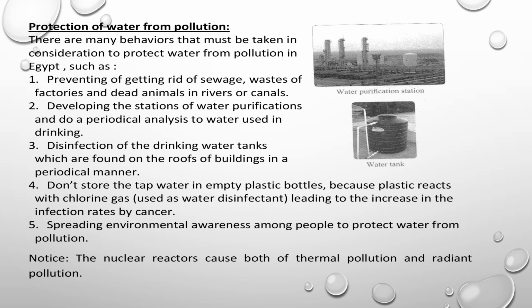Number 4, don't store tap water in empty plastic bottles. Why? Because plastic reacts with chlorine gas that is used as water disinfectant, leading to an increase in the risk of cancer. Number 5, spreading environmental awareness among people. Why? To protect them from pollution.